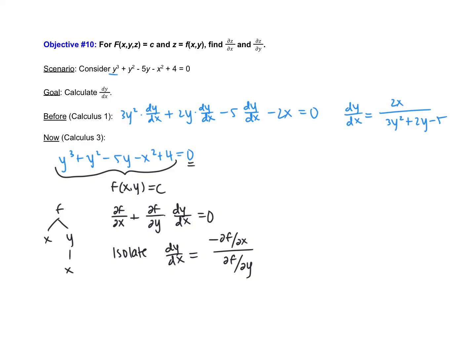So if we go back to this equation we have, on the left side, if I take the partial with respect to x, I get negative 2x. If I take the partial with respect to y, I get 3y squared plus 2y, subtract 5. And what we notice that makes us happy is we get the same answer as what we did in Calc 1.